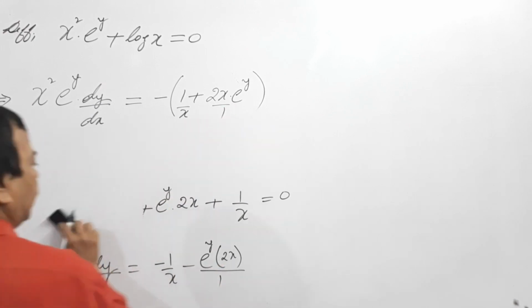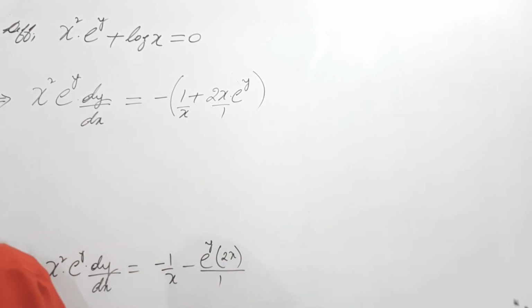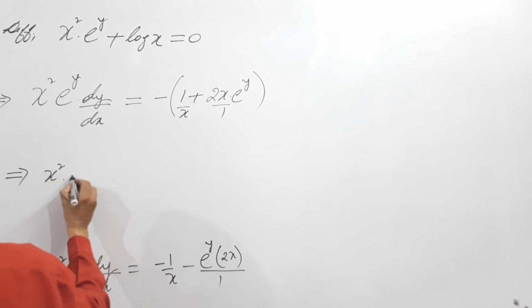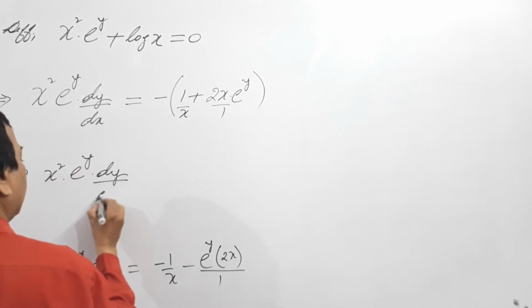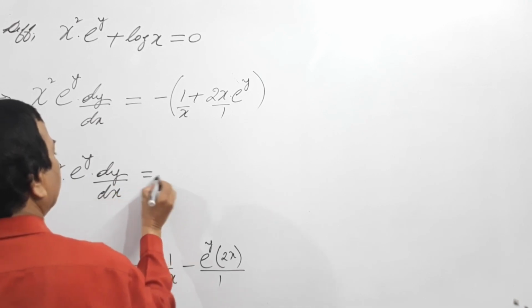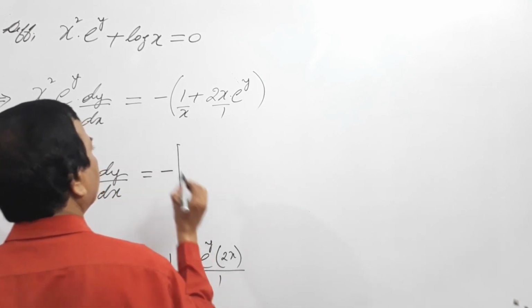We will take the LCM and solve this. So this becomes x square e to the power of y into dy by dx equals minus sign.